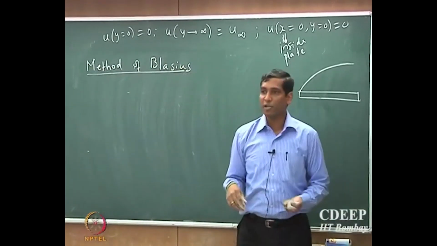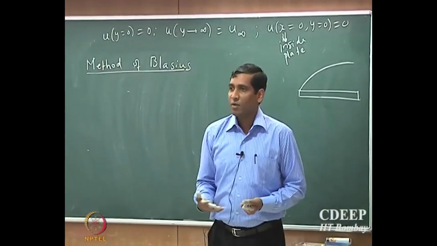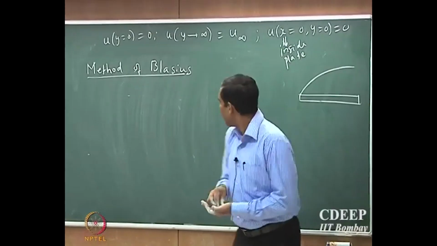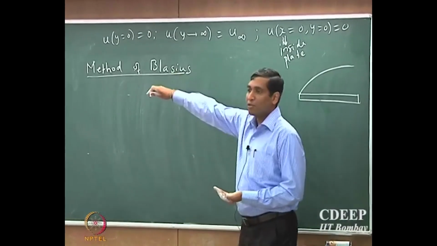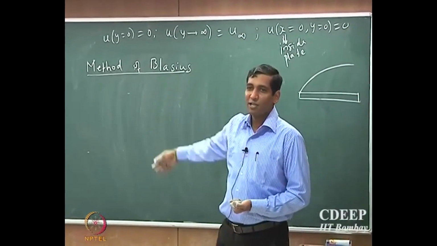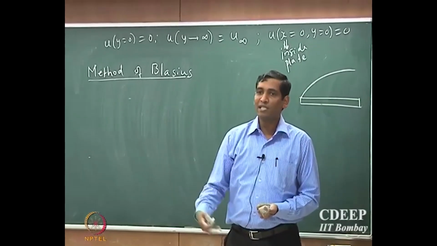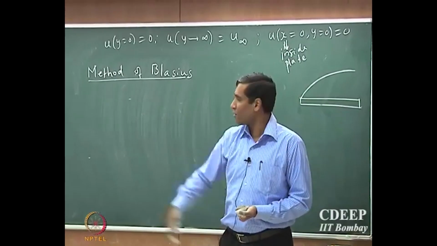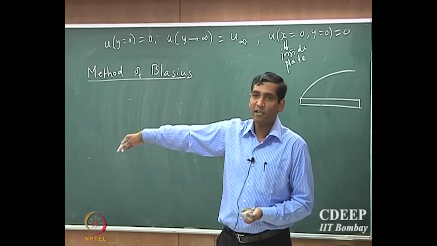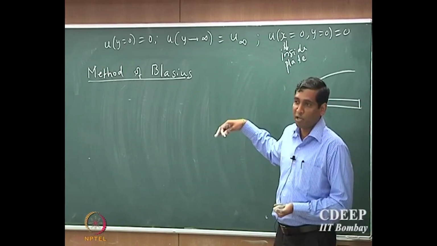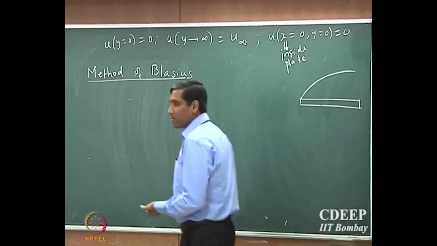Blasius is one of the very well known scientists who looked at these kinds of problems many years ago, and he came up with this method to solve, not actually finding an exact analytical solution, but at least there is a method to find the solution for the velocity profile and particularly to find the friction coefficient and the heat transport coefficient.